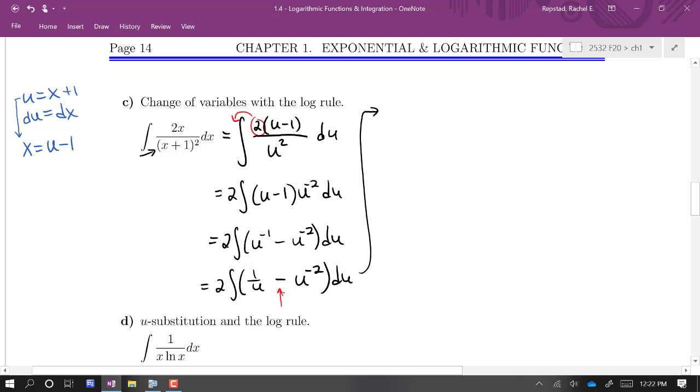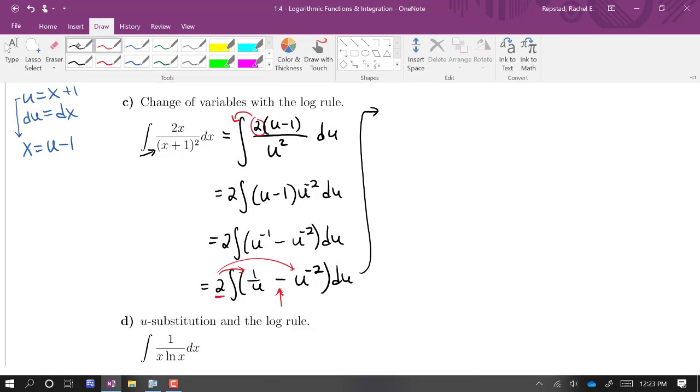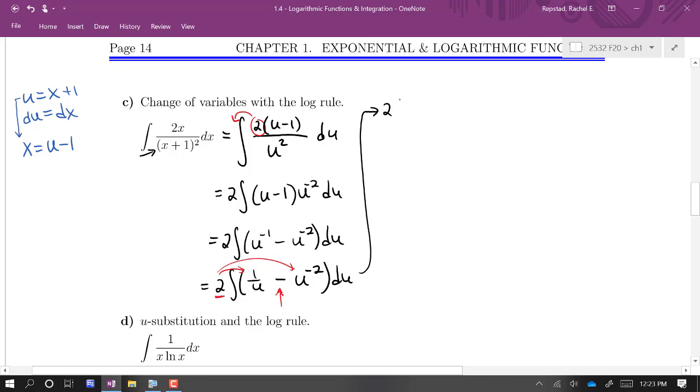I'm going to split up the integral over subtraction, and when I do that, I have to make sure that each of those integrals has that factor of 2 that's sitting outside this whole integral. So I've got 2 times the integral of 1 over u du, another way to write that is du over u, minus 2 times the integral of u to the minus 2 du. This first one is obviously, now we can see, a log form. The second one is a power rule. So that's why I wrote the second term still with a negative exponent.